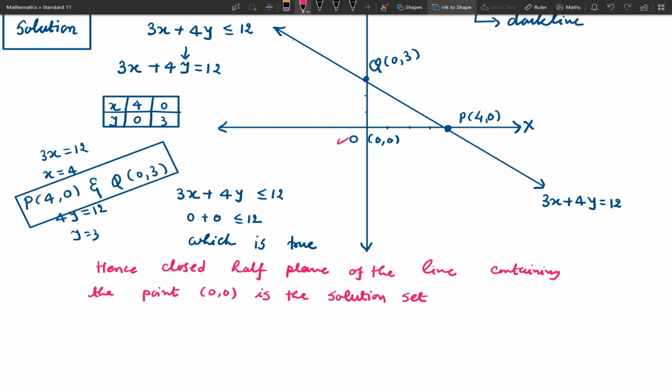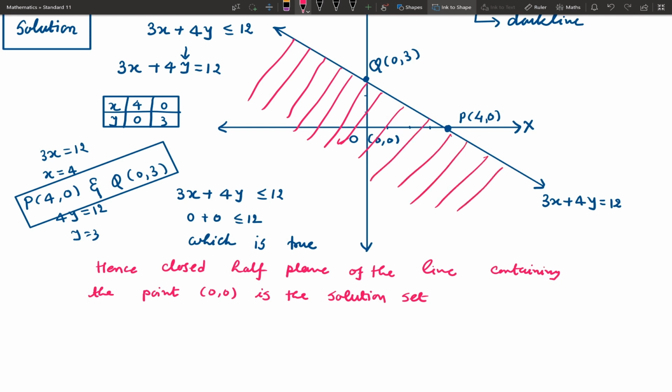So the solution set contains the point origin, so the closed half plane of the line containing origin. So this is the solution set.